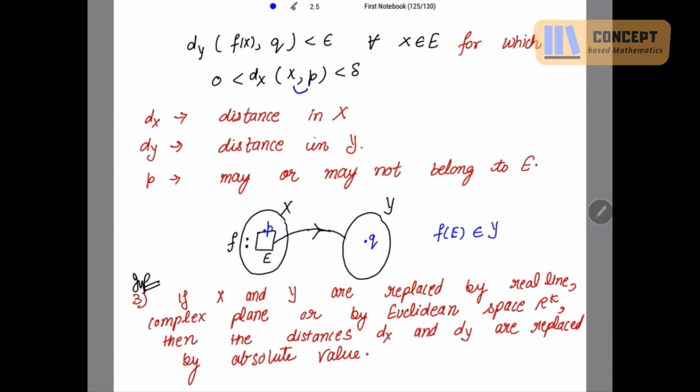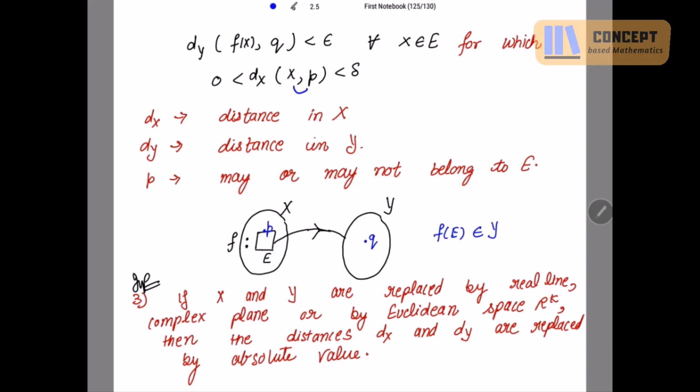So whenever you take the distance in Y, we should take that distance less than epsilon, and whenever we are taking the distance in X, that distance we should take less than delta, right?